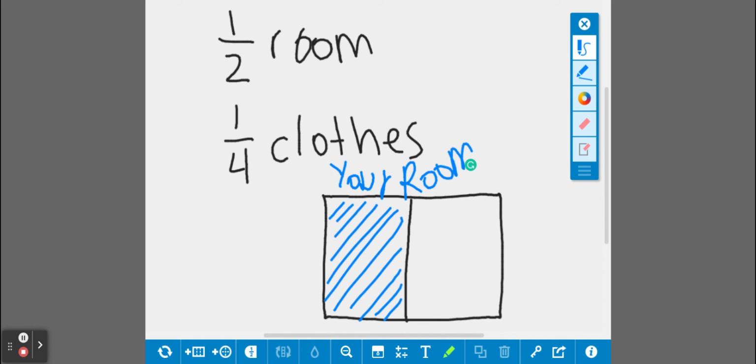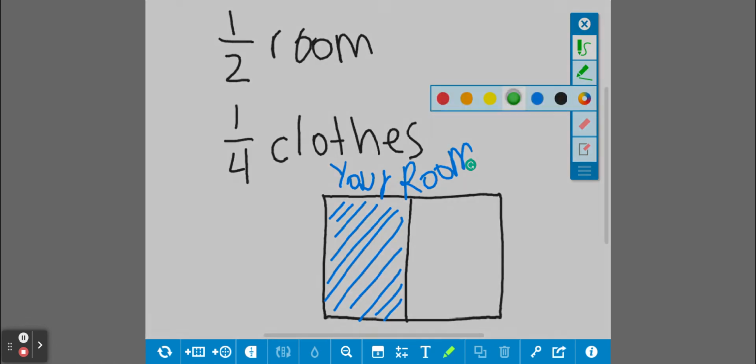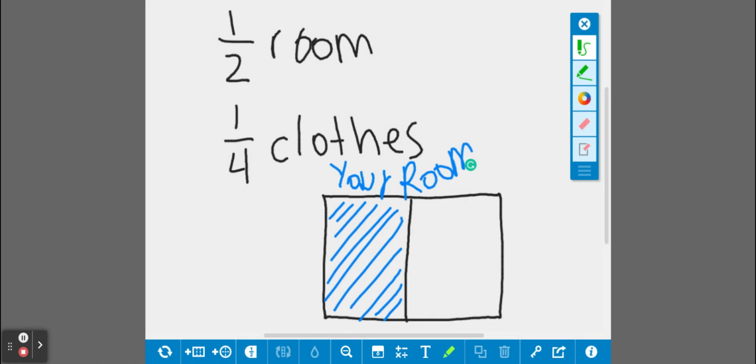We know you have your toys, and we know you have, I don't know, maybe your games or your pets section. I'm not sure. So of your room, if we're looking at this, 1/4 is your clothes. So when I'm thinking about this, I'm going to go on and cut the room into fourths so that we can see what's happening here. Let me get black. There we go.